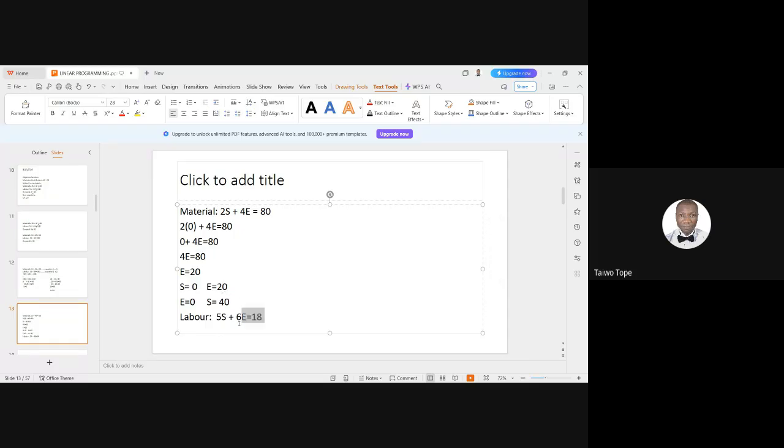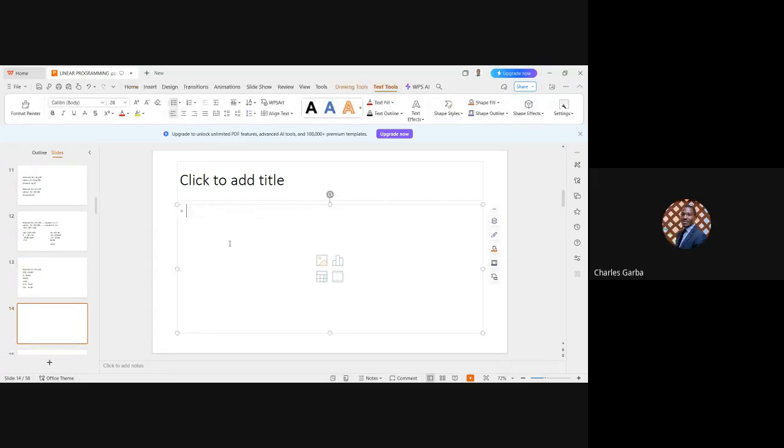So for equation 2, when x is equal to 0, what is e? Is it 180 or 80? 180. Okay, 180. So e is 30.